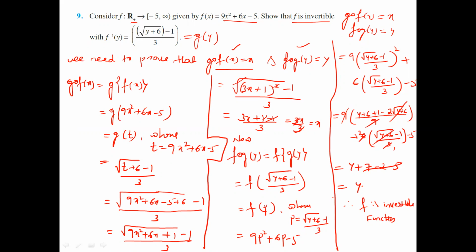How to find this one? f of x equal to y. A similar method we have done in the previous lecture. Please go through that one. Okay, move to the next slide.